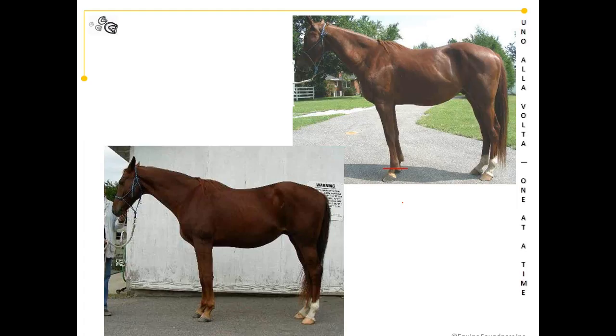I just want to point a few things out here. This is before and after trimming, directly before and directly after, not 8 weeks later. This horse stands indicating some resistance to weigh the heel totally.